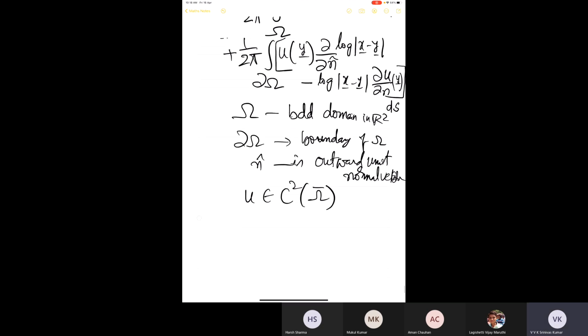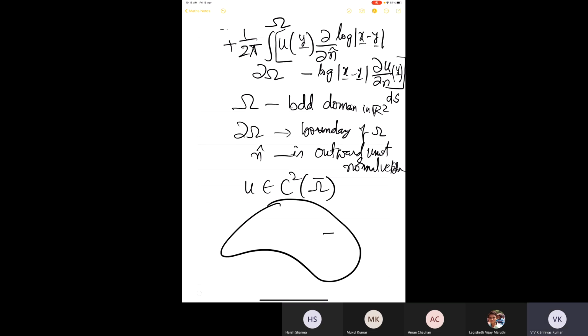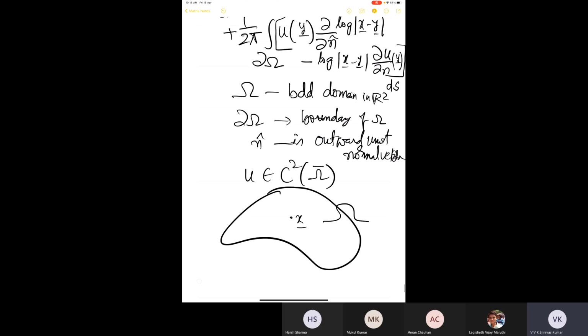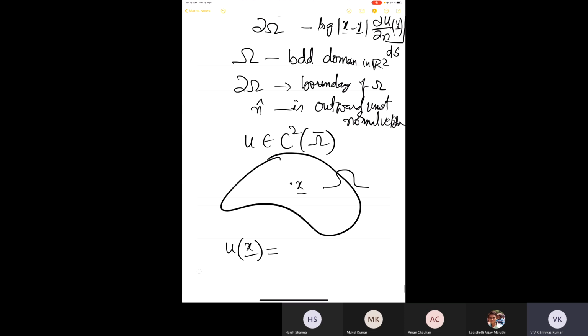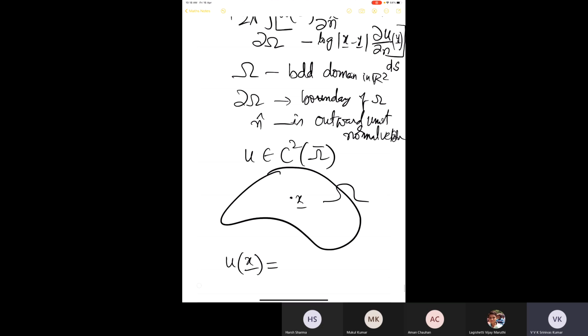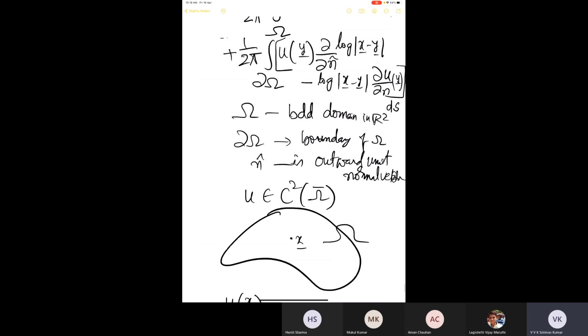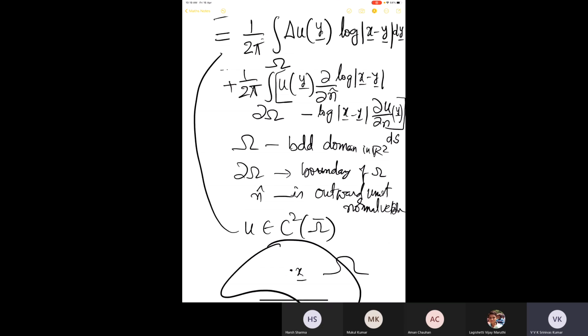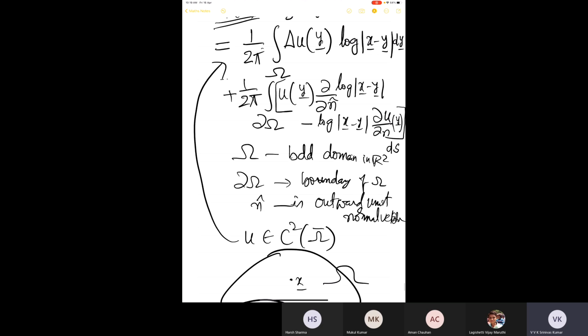Then for any point x in the domain omega, you can write the representation formula for u of x, given by the formula in terms of the fundamental solution. Any u can be represented like this.